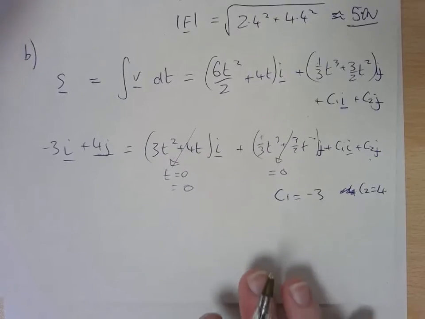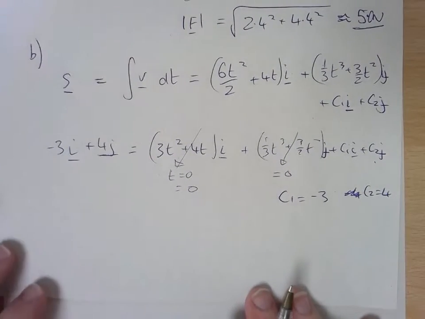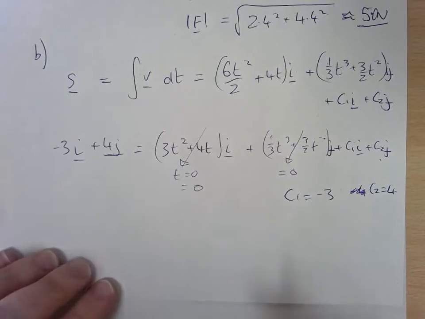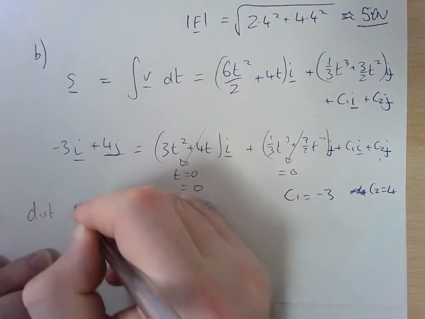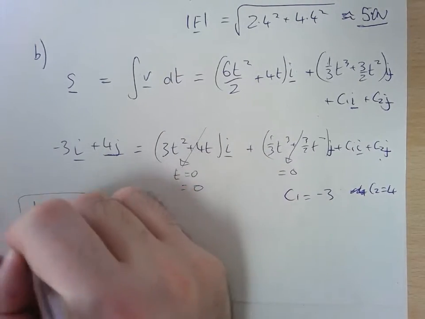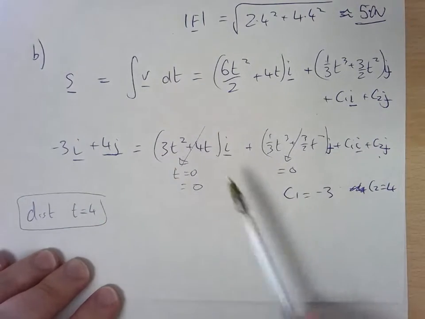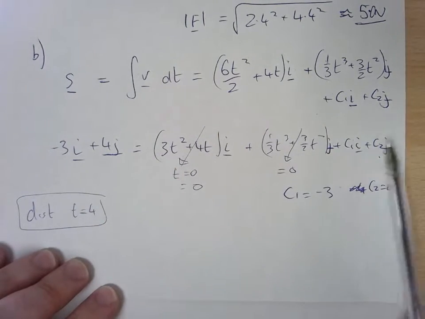Finally, we're asked to find the distance from the origin at t equals 4. So distance. We're going to substitute in t equals 4 into our expression here with these put in.